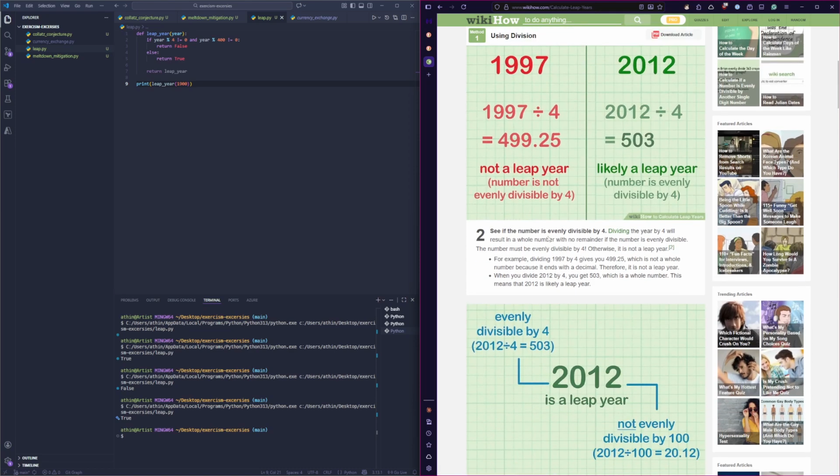So, see if the number is evenly divisible by 4. Dividing the year by 4 will result in a whole number, no remainder.